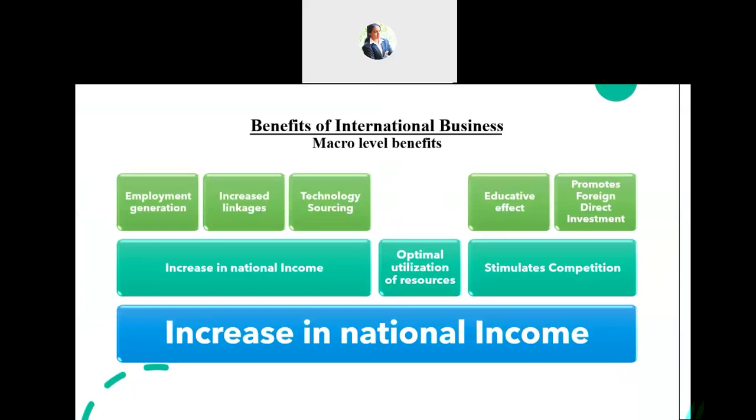The macro level benefits are those which add to the nation's economy, and micro level advantages are beneficial for each individual organization. Speaking about macro level benefits, every business which goes for international trade will always result in a macroeconomic effect on its domestic economy.